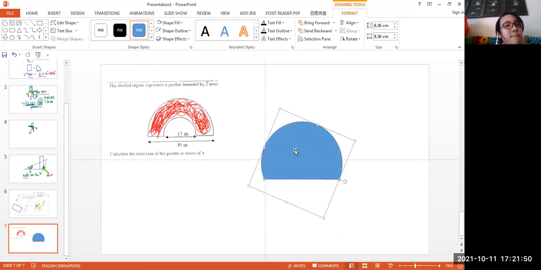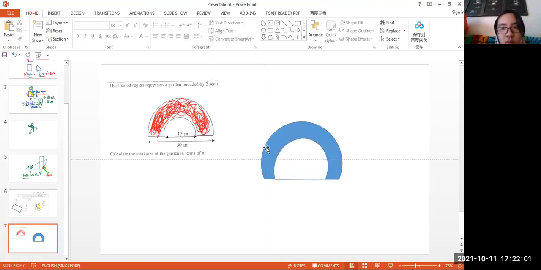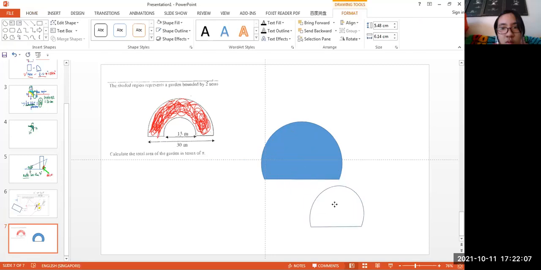So you have half a circle. And then you have another half of your circle. And now you are asked to find the shaded. So what's your strategy? How do you find the blue region here?